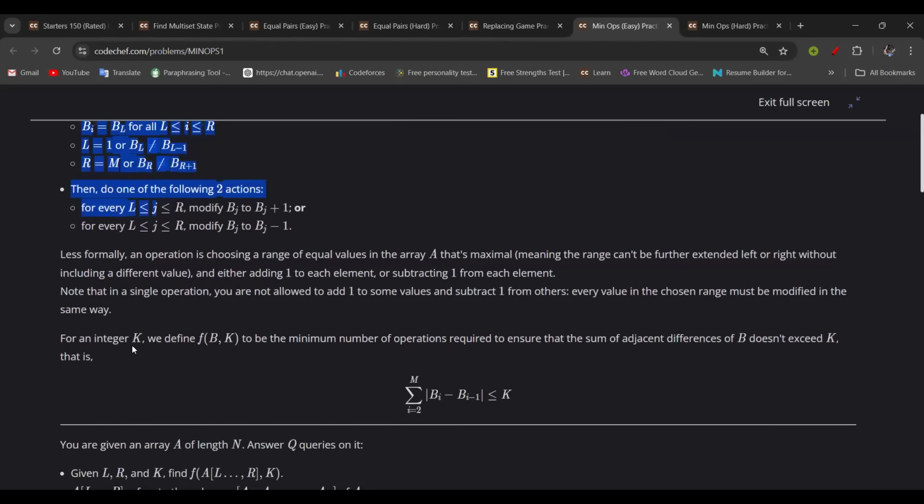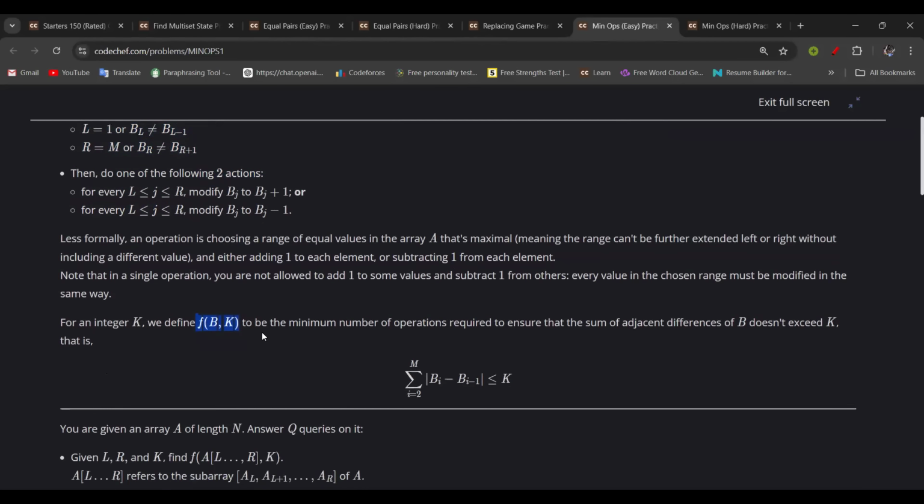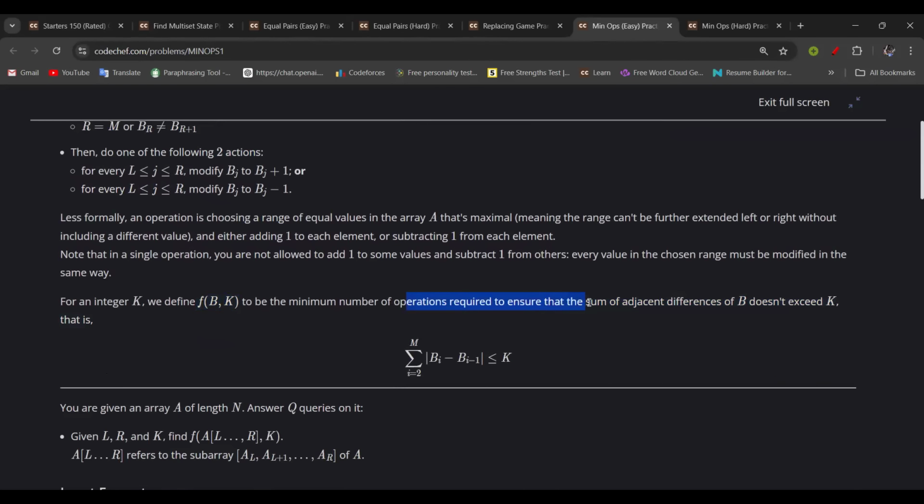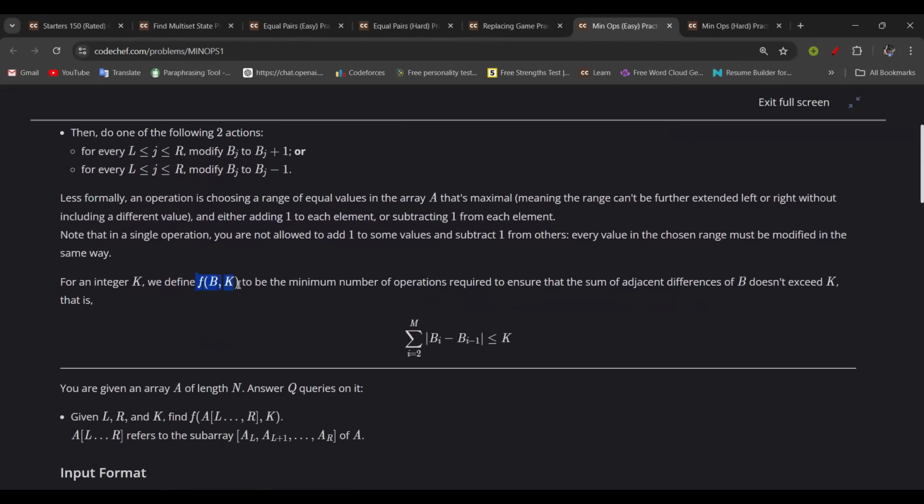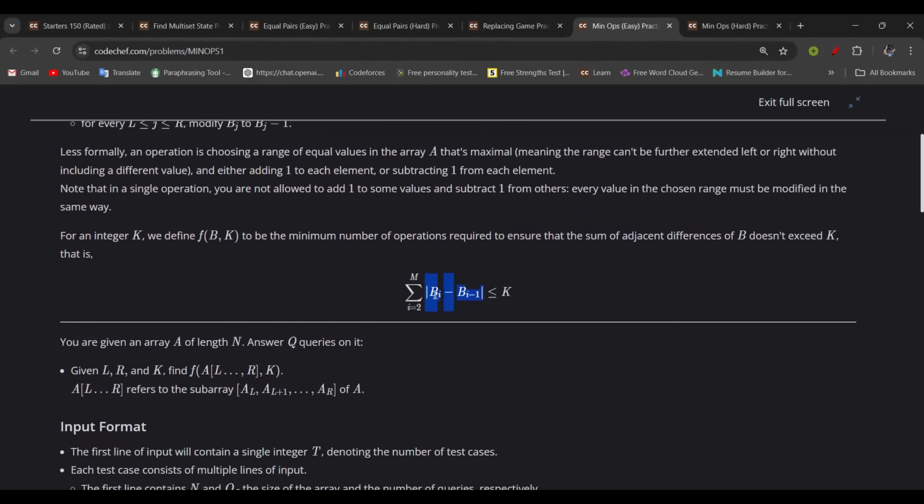After that, what is asked here: for an integer k, we define fbk to be the minimum number of operations required to ensure that the sum of adjacent differences of b doesn't exceed k. So here there is a function defined, fbk. For the array b, if you are given a k, then fbk denotes that if you compute the sum of differences between the adjacent elements, the sum should become less than k in the minimum number of operations.